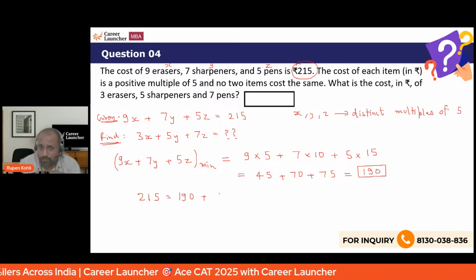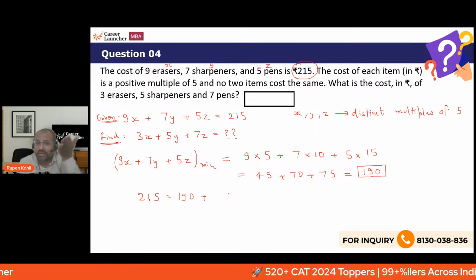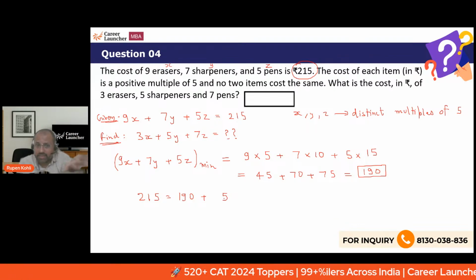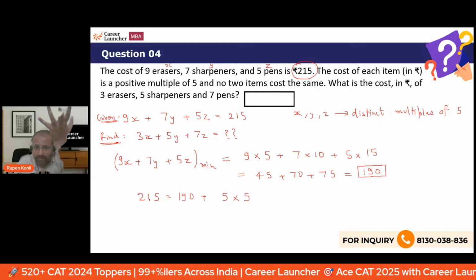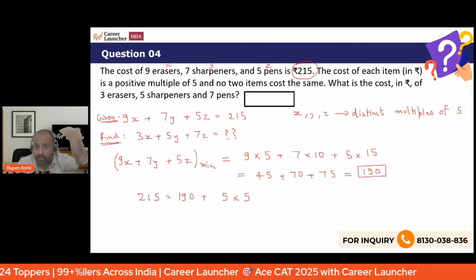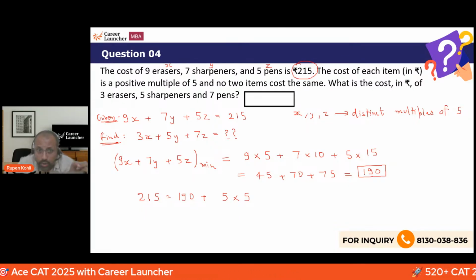This 25 rupees would only be obtained as an increment of another 5 rupees in the cost of some item. If some item's cost increases by 5 rupees, then the number of items bought for that should be 5. So that 5 into 5, 25 rupees would match, and you have bought 5 pens.